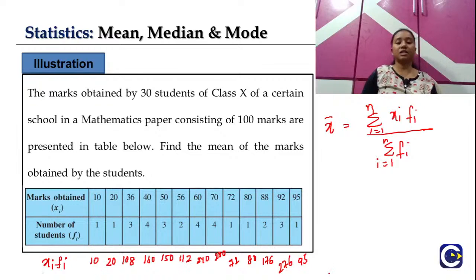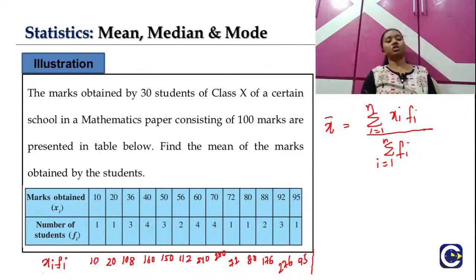This is the table which shows xi fi. Now we have to find the sigma, that means the sum of all these terms: 20 plus 10 plus 108 plus 160 and so on. Let's add them all together to get the required value, sigma xi fi.